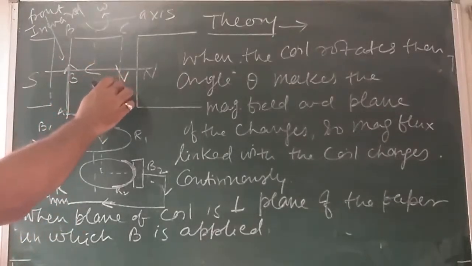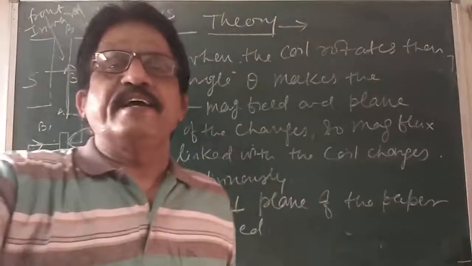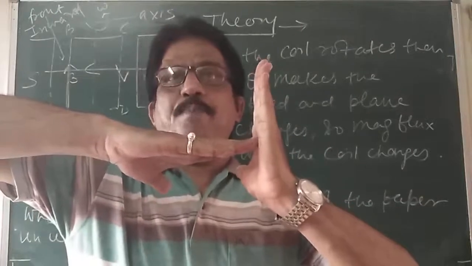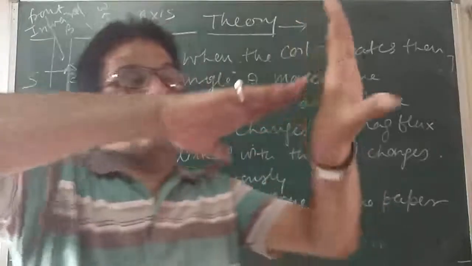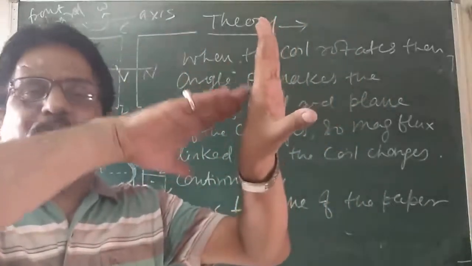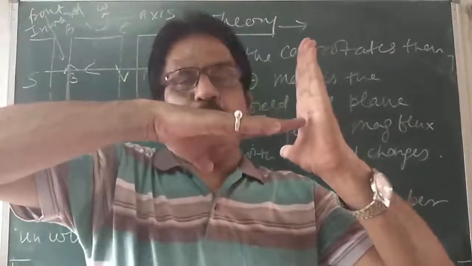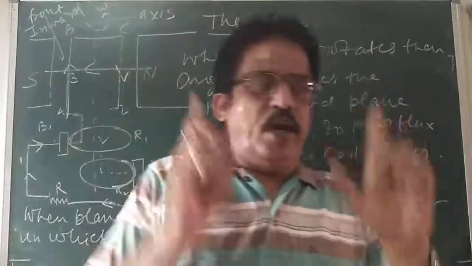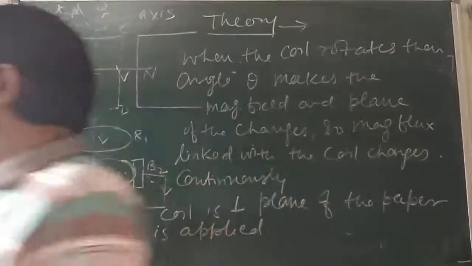So the amount of magnetic flux linked with the coil in this position is maximum. ऐसी position है, let us say here is the magnetic field, here is the coil during the first half rotation of the coil. अभी यहां पर है, फिर यूं जाएगा, फिर यूं आएगा, ये कहलाएगा सेकेंड हाफ ऑफ द रोटेशन. अभी यहां पर है, इस समय जब कॉइल इस पोजीशन पर है, मैग्नेटिक फील्ड यूं लग रहा है, तो मैग्नेटिक फ्लक्स linked with the coil is maximum. It is the maximum position of magnetic flux here.